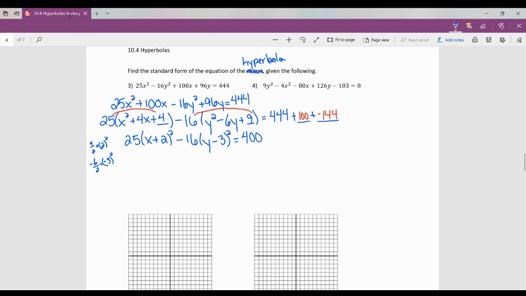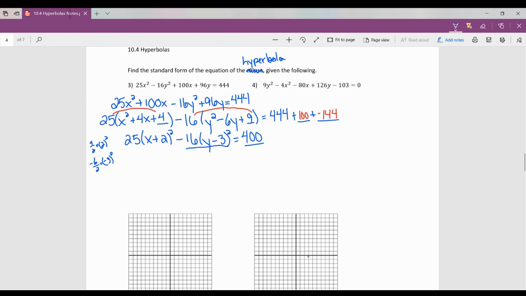Okay, so now the last step, it's looking like a hyperbola. It's got that subtraction in the middle. So we're going to divide every single thing so that it equals 1 on the right-hand side. So we're going to divide every single thing by 400. Okay, so we've got 25 over 400 is 16.